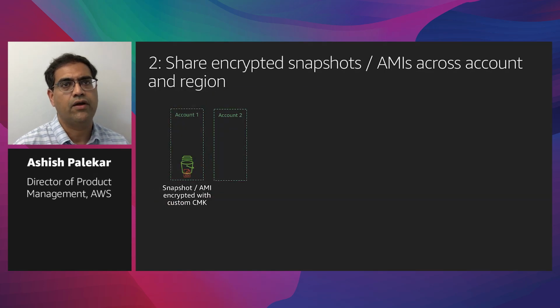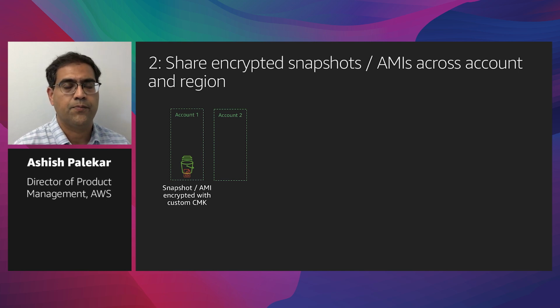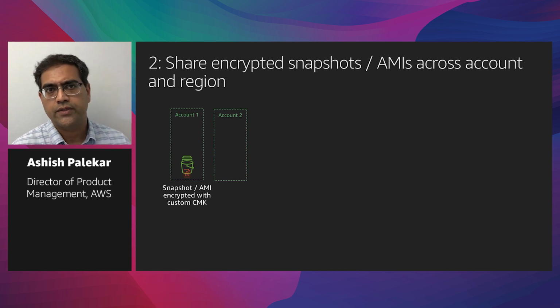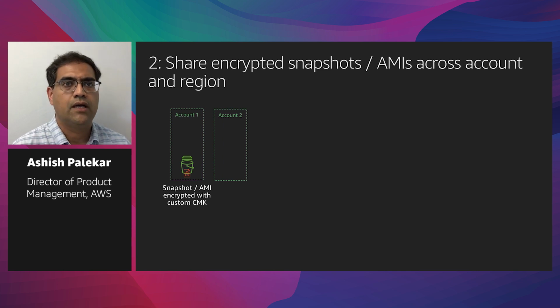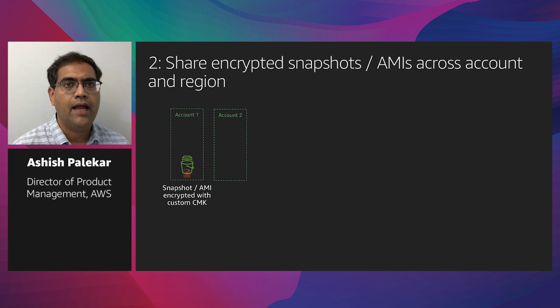In the same security realm, one of the other capabilities that we talked about is sharing of encrypted snapshots and AMIs, or Amazon Machine Images, across accounts and regions. So the scenario was this. A lot of our customers have snapshots that they share across different teams or across different accounts. And oftentimes, they want to ensure that they can launch encrypted volumes in a second account.